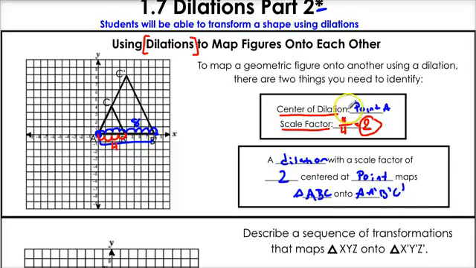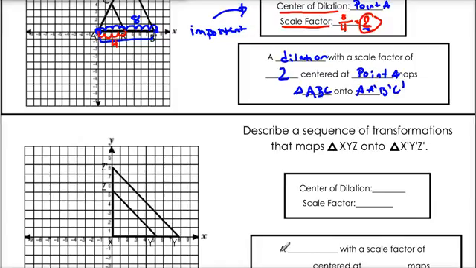All right, so I just used these two pieces of information: a dilation with a scale factor of 2, which we got right here, centered at point A. So remember, this is the important information you need to identify first. So first you figure out these two things, the center of dilation and the scale factor, and then you can write out your sentence. So let's try another one, okay?